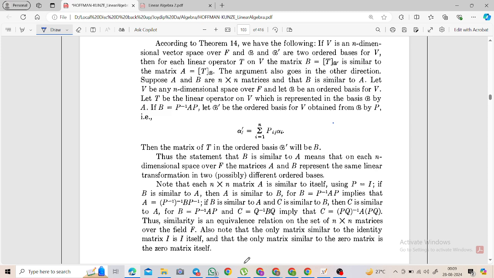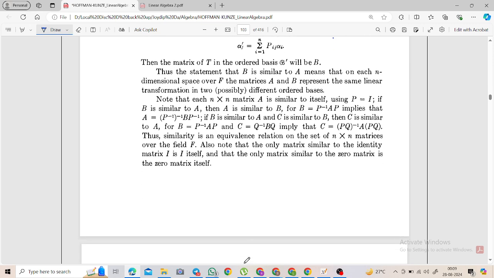If B equals P inverse AP, beta prime is the ordered basis of V obtained from beta by P. Then the matrix of T in the ordered basis beta prime will be B. So they have come up with a basis such that T represented with respect to that basis is P inverse AP.